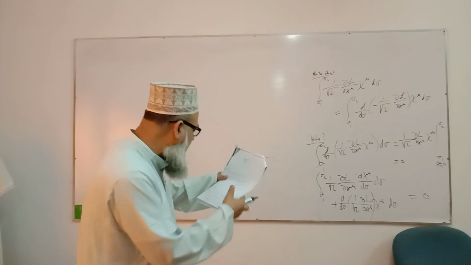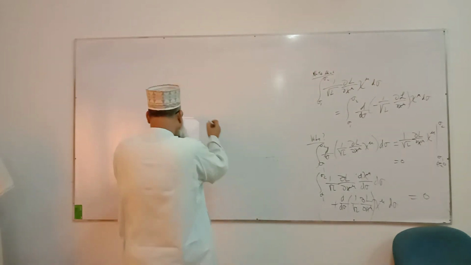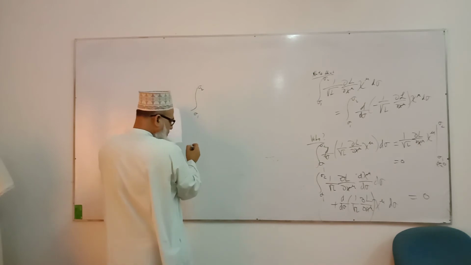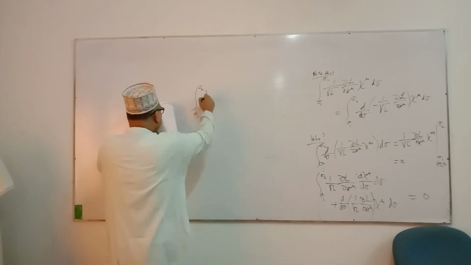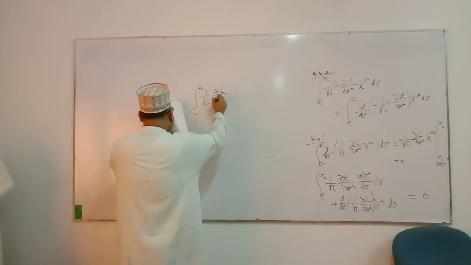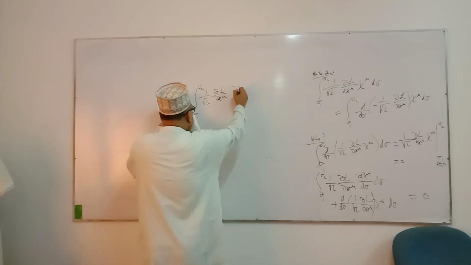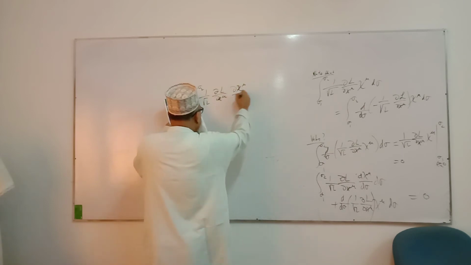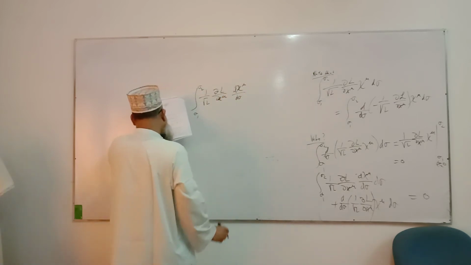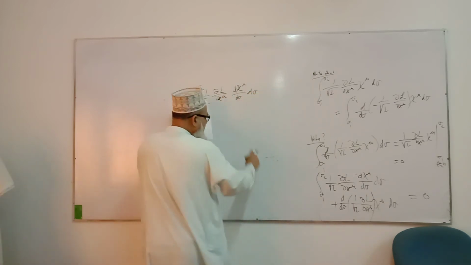If you interchange the side, you will get integration sigma 1 to sigma 2, 1 by square root of L, del L by del x dot mu, d chi mu by d sigma, this term.